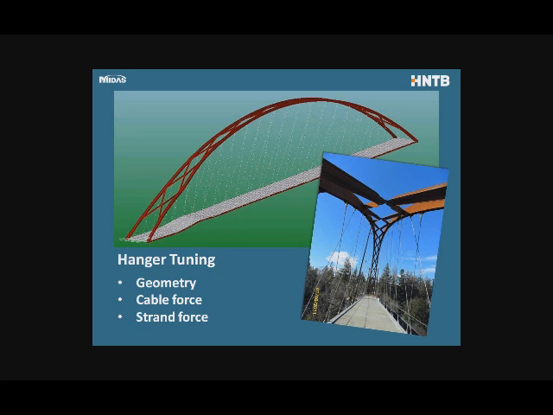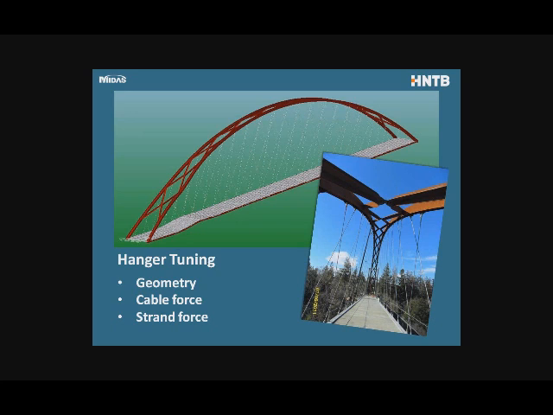If you think about it, this is Happy Hollow, where we have 88 cables, so there are 88 cable forces to adjust. And if you use the attachment points at the tie girder for your geometry, that's another 88. And if you care about the arch rib geometry, that's another 88 variables. So we have 264 parameters to optimize, and we have 88 cables to pull with.